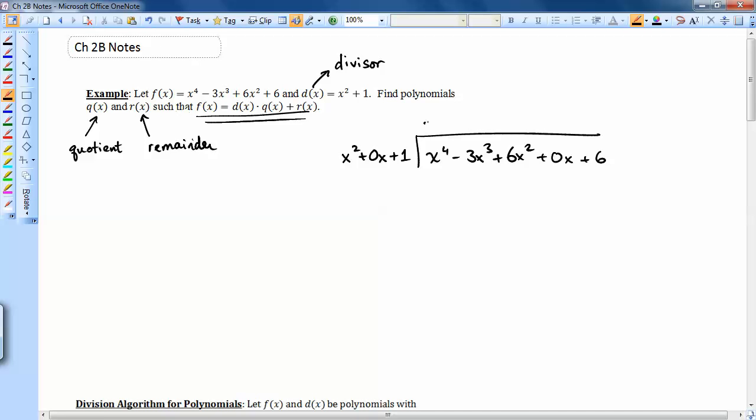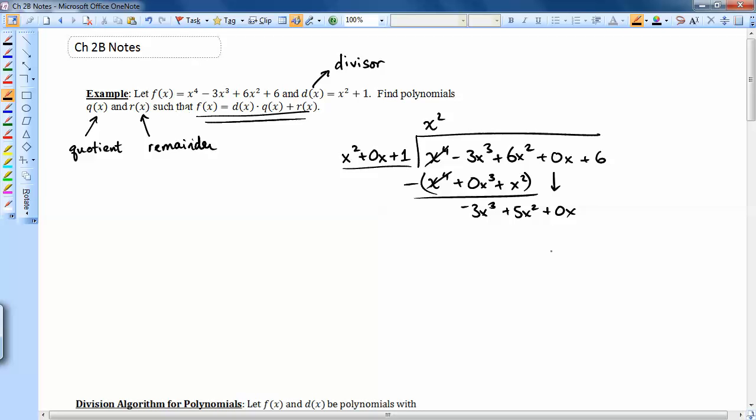So this term here is going to be x squared. When I multiply that by the divisor, I get x to the fourth plus 0x cubed plus x squared. Then I subtract that out, and I get negative 3x cubed plus 5x squared. Remember, these terms cancel, which is good. Now I can bring down the next term, plus 0x.